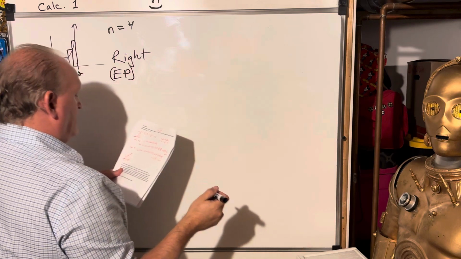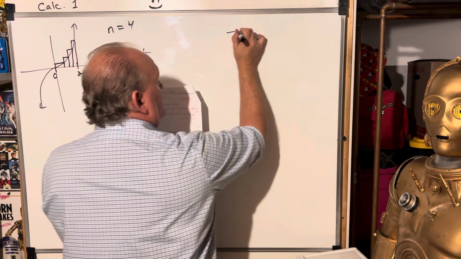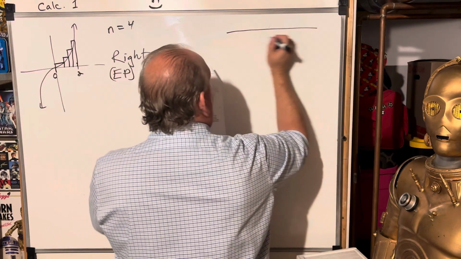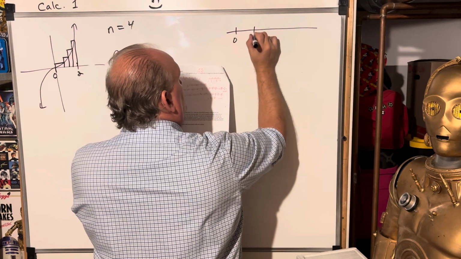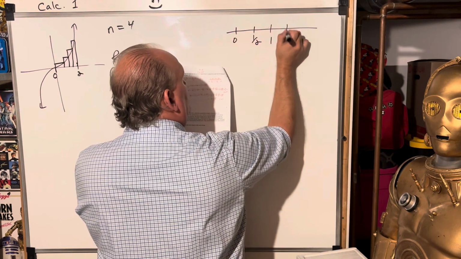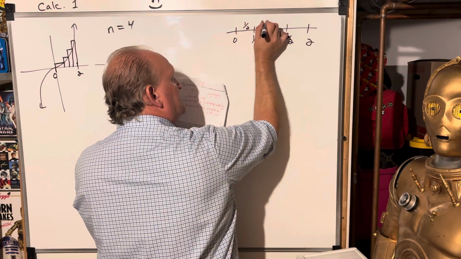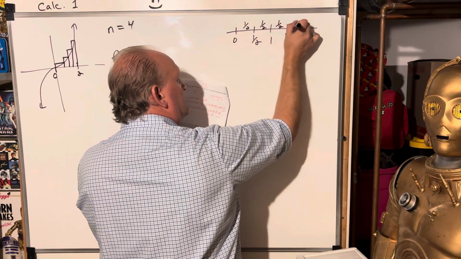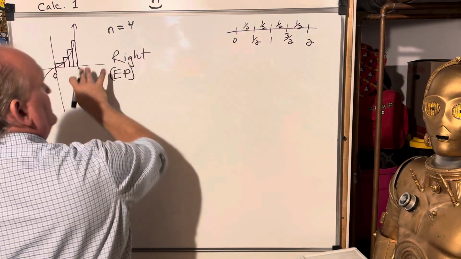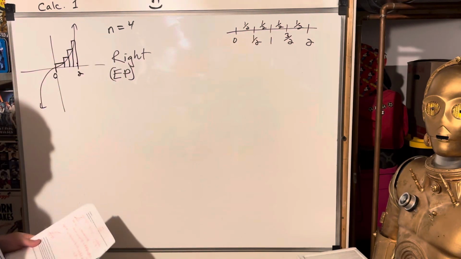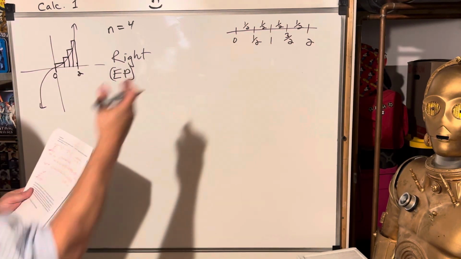And so what that would look like here, if I zoomed in on that: 1/2, 1, 3/2, 2, and there'd be little half-width strips in between each one, like that. So that's a zoom in right there. Whoop, zoom in. You just went whoop with your hands, and there it is on the board.